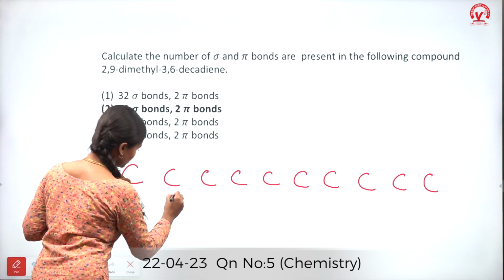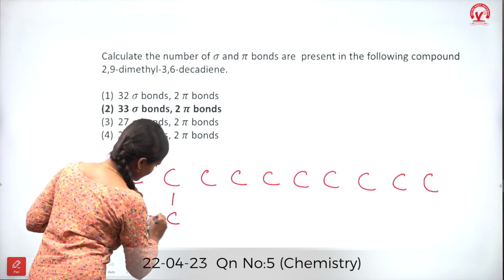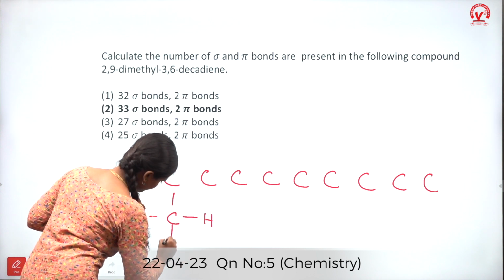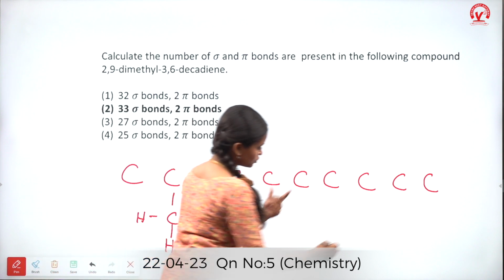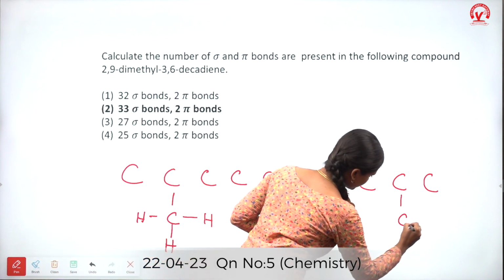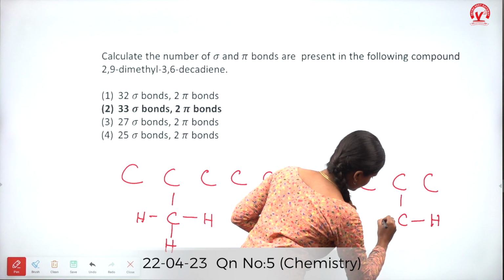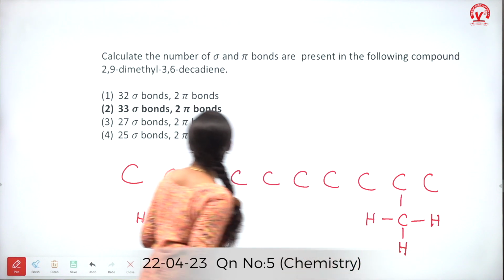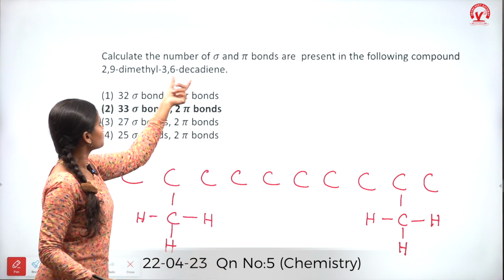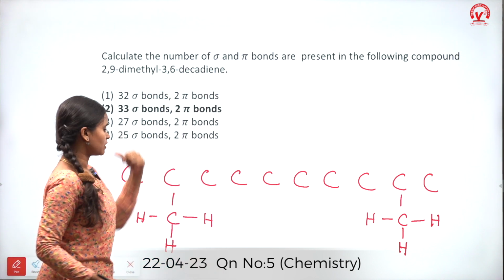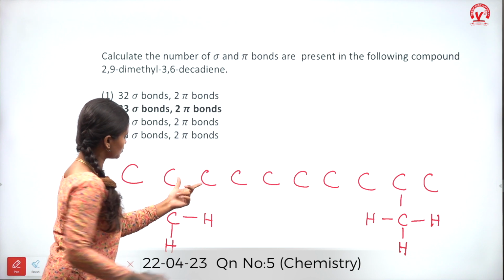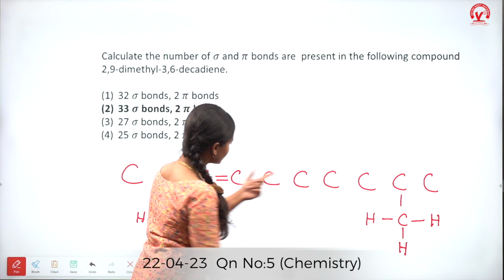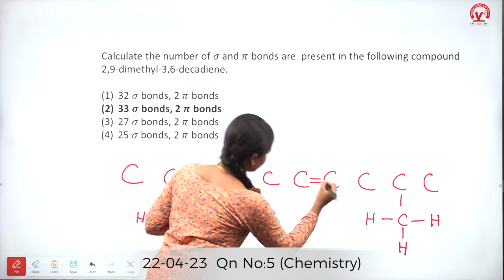So here this position has 1 methyl group, and the 9th position also has 1 methyl group. Then at the 3 and 6 positions, there are double bonds. The third position has a double bond, and the 6th position also has a double bond.